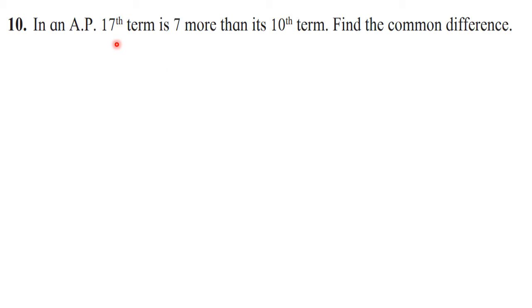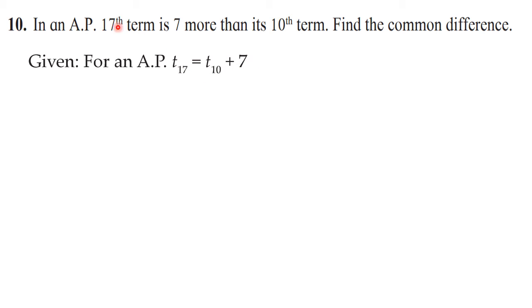So see here, always try to convert the statement into the form of an equation. See, 17th term means what? T17. Then E stands for equal to. 7 more means plus 7 than the 10th term means T10. So what we can write here is T17 is equal to T10 plus 7.